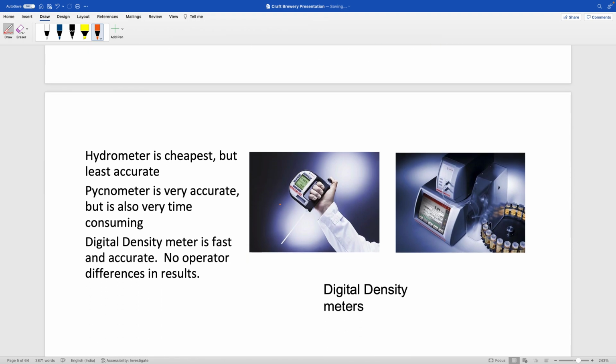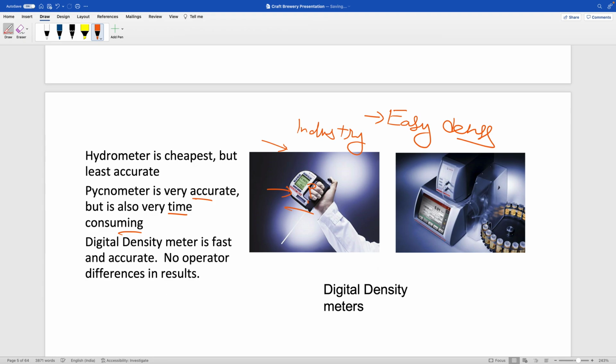This instrument is used by industry experts. In the last video I was also talking about the same. It's called Easy Dense. So though picnometers are very accurate, why do we need these things? Because they give very quick readings.